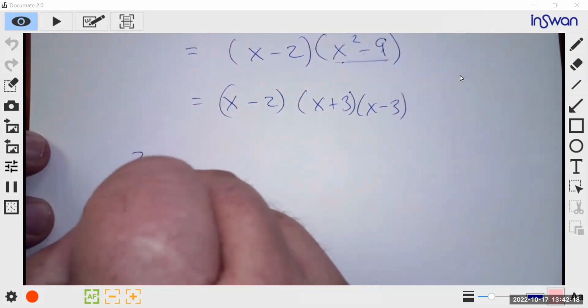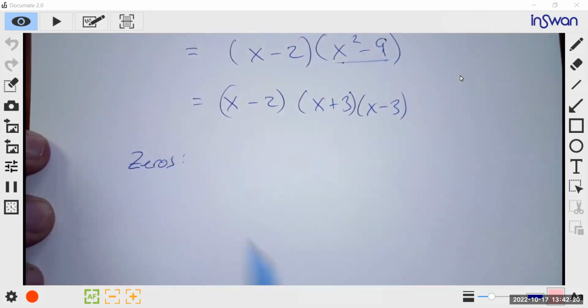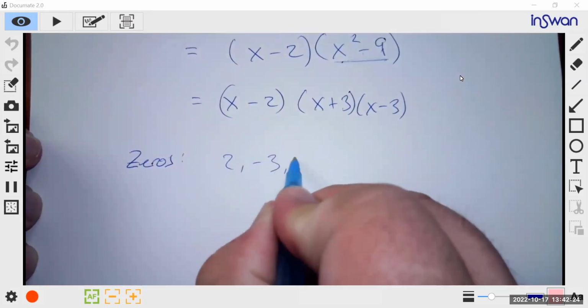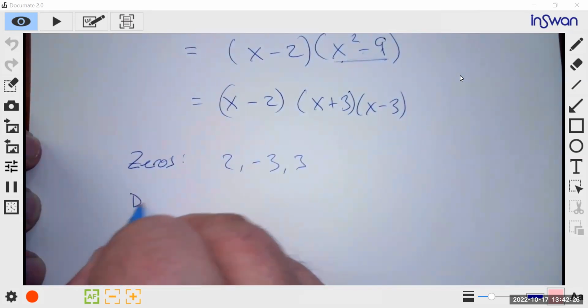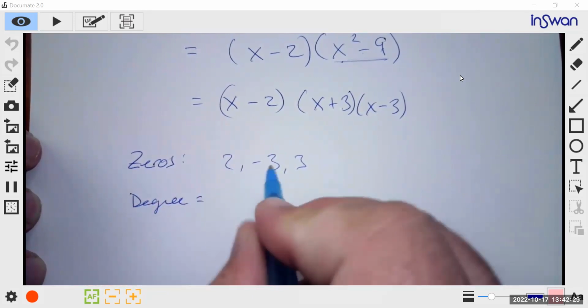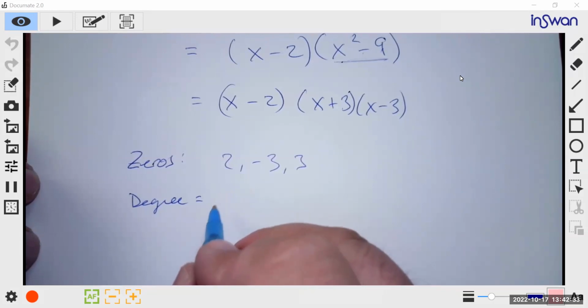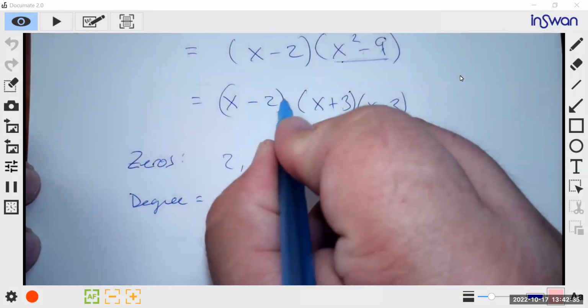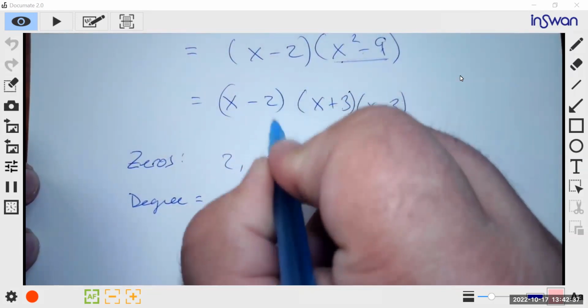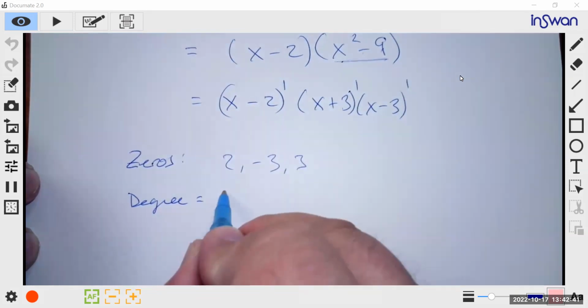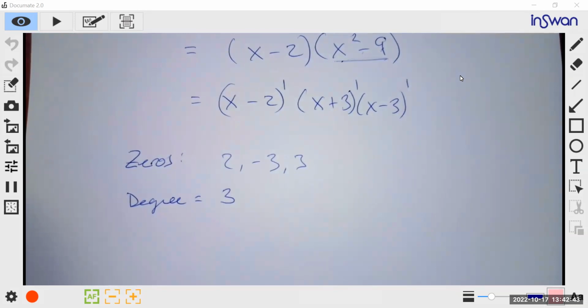So what are my zeros? What's my degree? What's the exponent of this parenthesis? Add them up, you get 3.